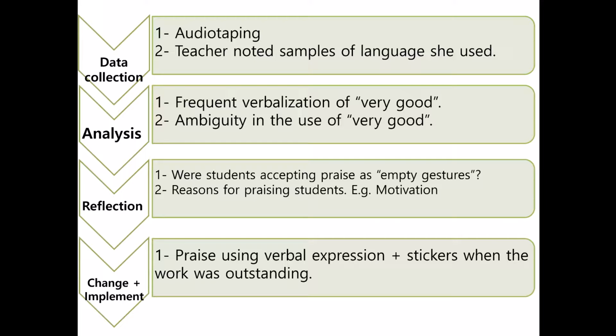That was one, or also she praised them when she was very impressed by the work presented by her students, and also she used stickers when the work of her students was outstanding. So she did that. So again, change and implementation.